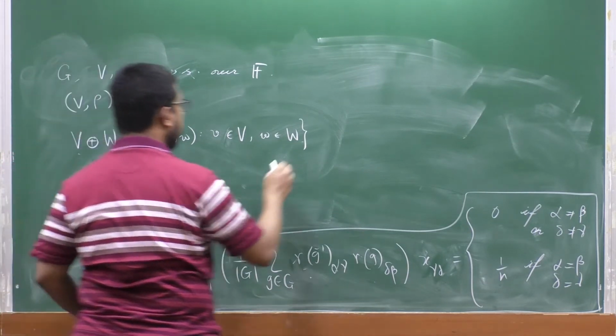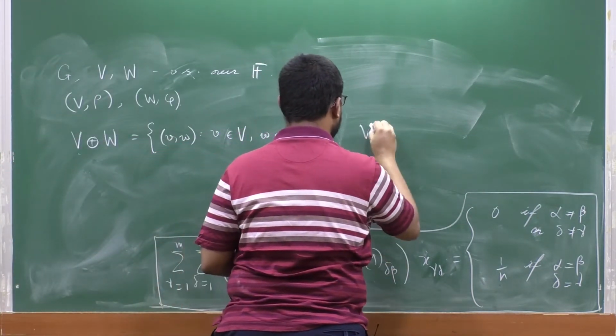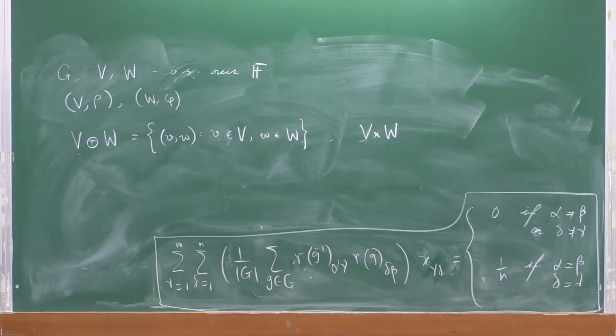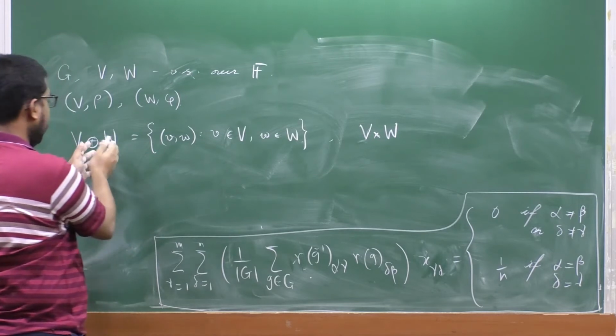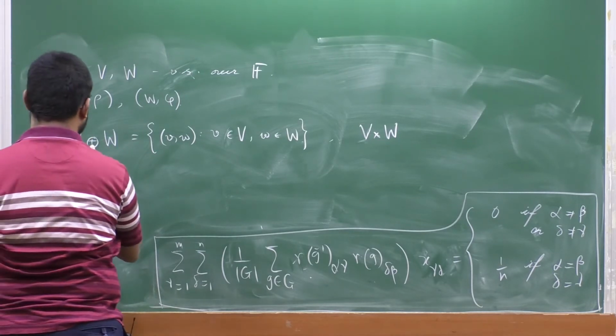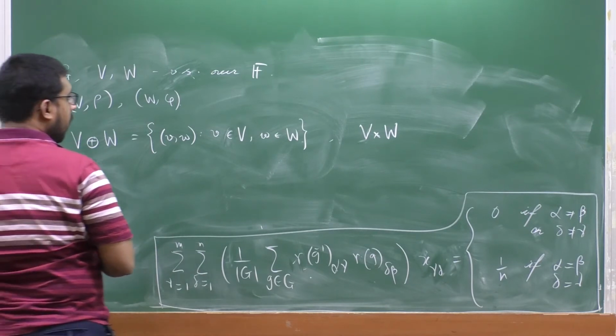So, basically on this Cartesian product, the natural vector space structure that we can put, it is customary to denote this by this symbol. All right.